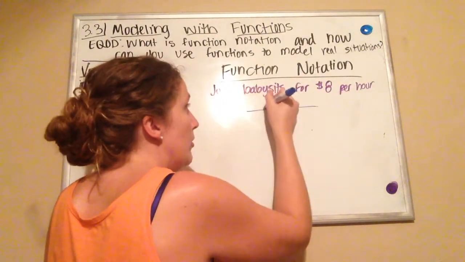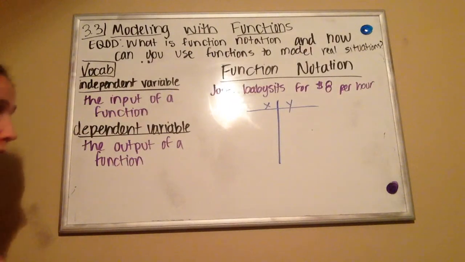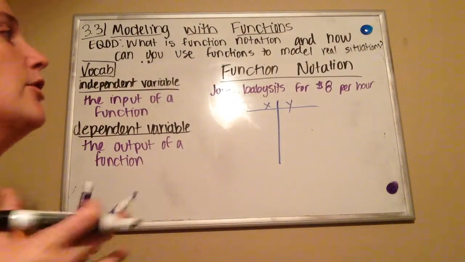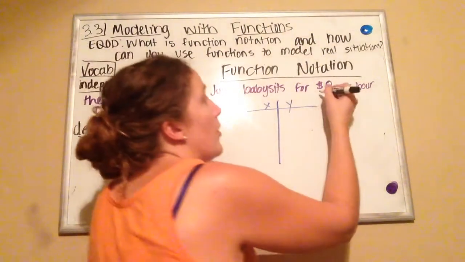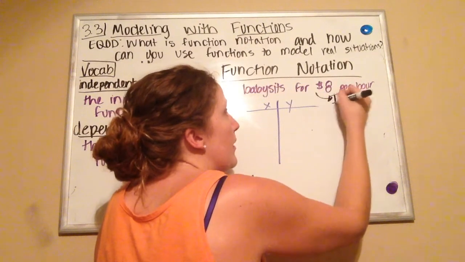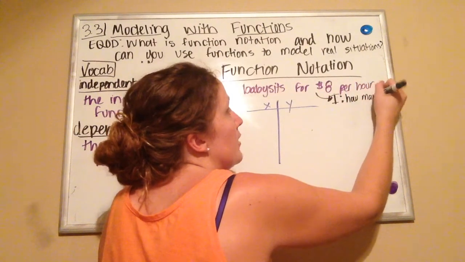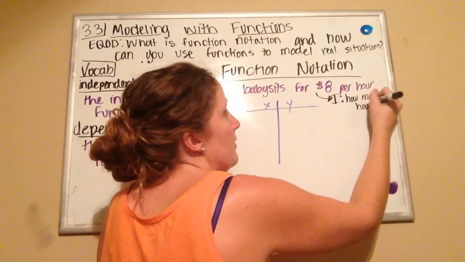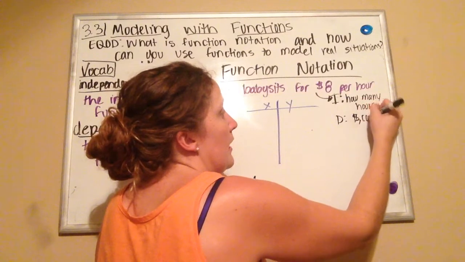We had seen a table in our previous lesson of x and y's. Remember, x's are our inputs, and our outputs. So the input for Jose, the independent variable, is how many hours. How many hours is he babysitting? The dependent is going to be the cost. How much does he make?